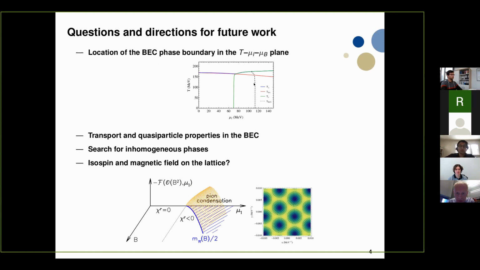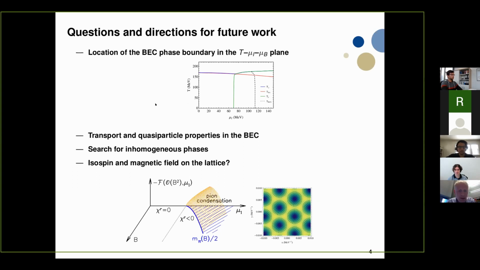Here also sketched is the BCS transition, and the criterion here is basically that the chemical potential μI is larger than the quark mass. As you crank up the isospin chemical potential, the quark mass decreases, and then at some point it exceeds it. That's at least the model calculation that has been a common definition of the transition line between the BEC and BCS. But how to look for it on the lattice is certainly an interesting question.